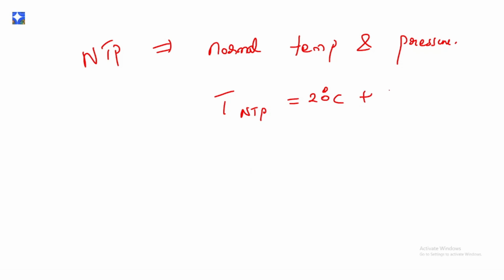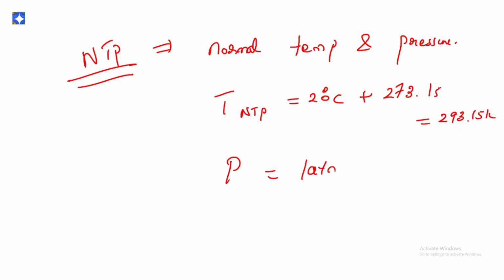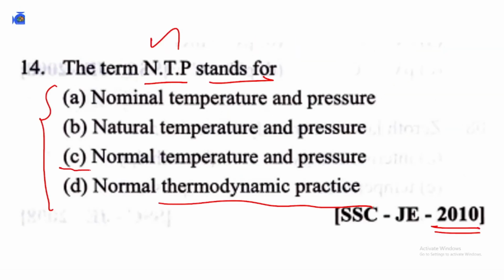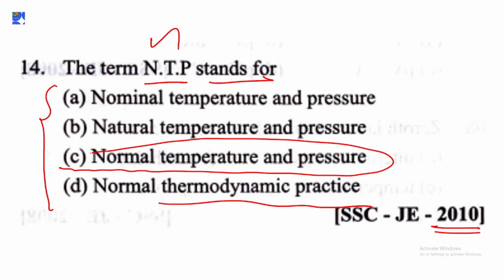So if you add 273.15, it would be 293.15 Kelvin. Similarly, the pressure for this normal temperature would be 1 atmospheric pressure, which is actually 101.325 kilopascal, or you can even represent it in bar. So I can say that this is actually option C. NTP stands for normal temperature and pressure.